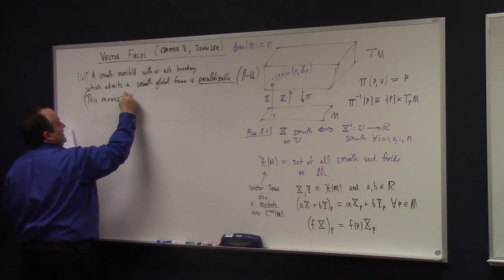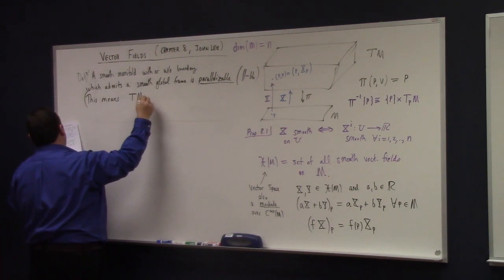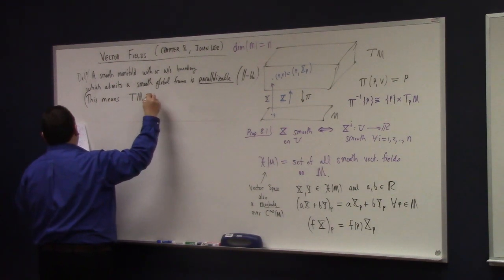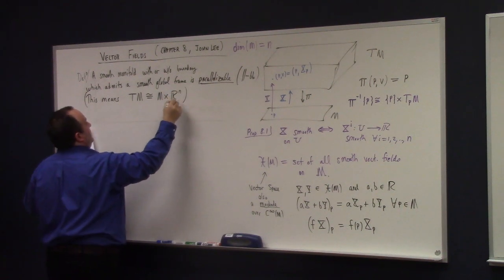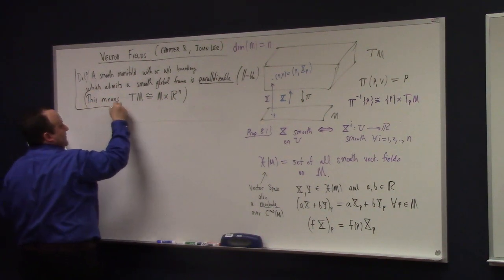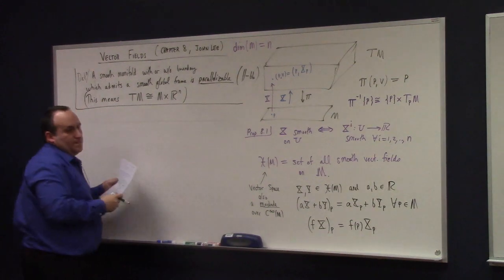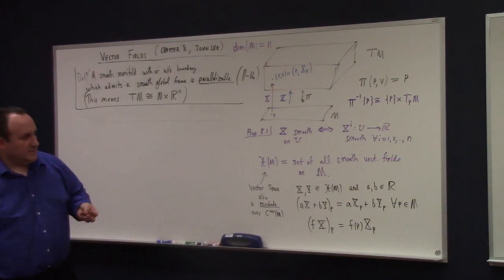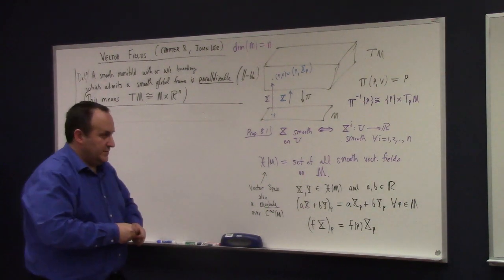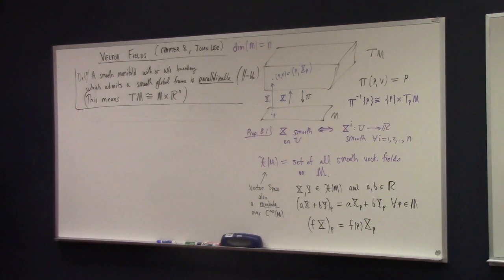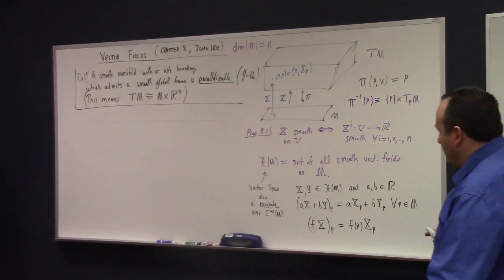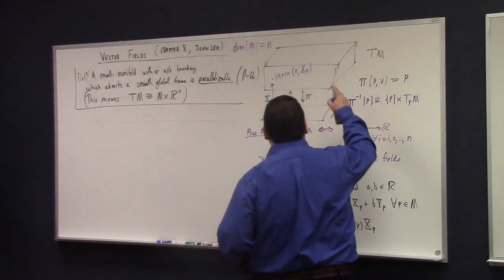Ultimately, this means that the tangent bundle is diffeomorphic to M cross Rn. In other words, in the language of fiber bundles, a manifold is parallelizable if its tangent bundle is trivial. More generally, a fiber bundle is trivial if it can be written as a simple Cartesian product.